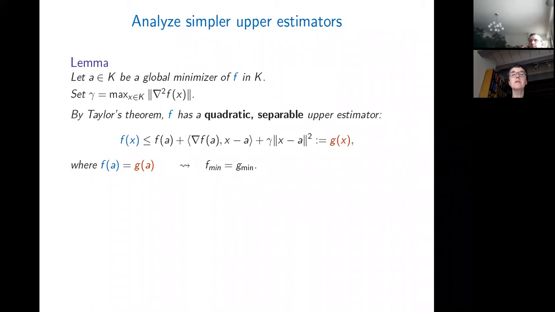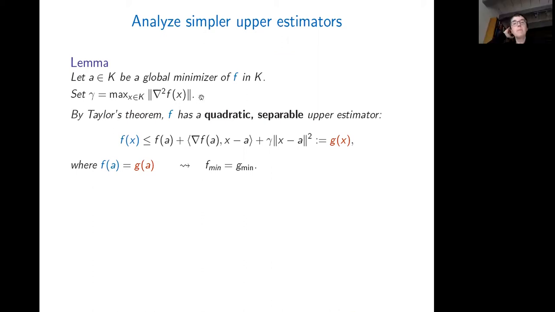So we have our polynomial f, which we want to minimize over K, and let a be the global minimizer. And let's call gamma the maximum norm of the Hessian of f over the set K, so it's a constant. By Taylor's theorem, you can upper bound f by this quadratic function here, which I'm showing here. Let's call this polynomial g.